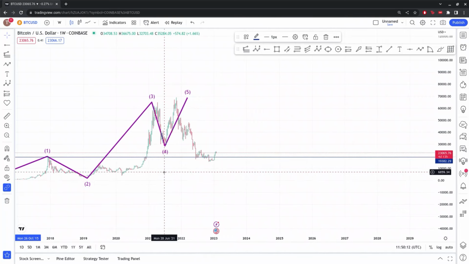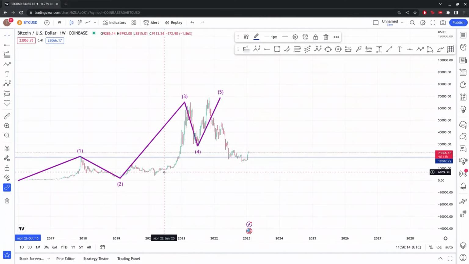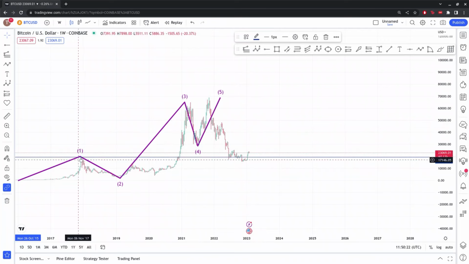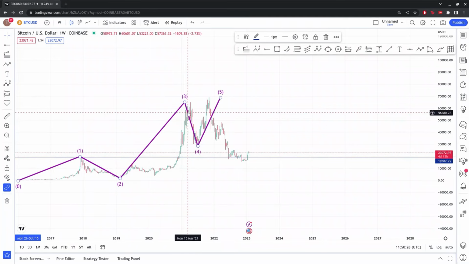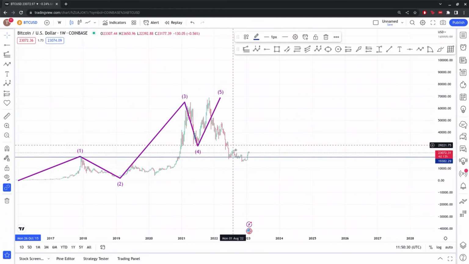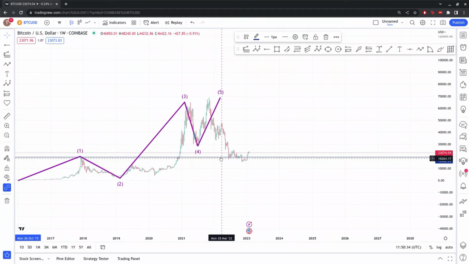And when a flip zone is tested one or more times, it becomes a significant area of support or resistance. So this area of resistance turned into an area of support that gave rise to this massive move. And now the price came downward and it attained a form of support around this flip zone, or this significant area of resistance and support.